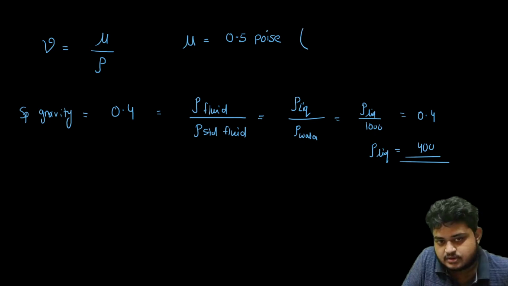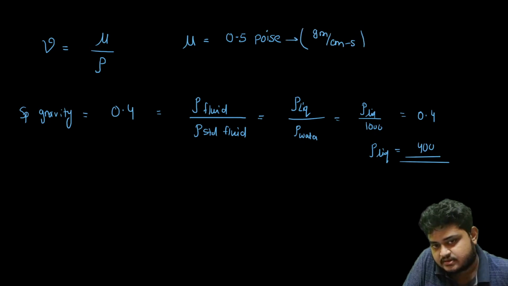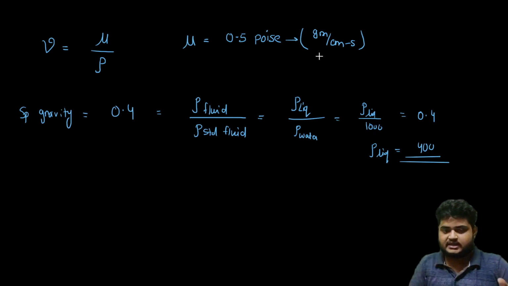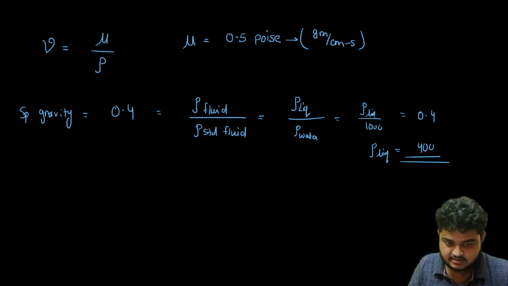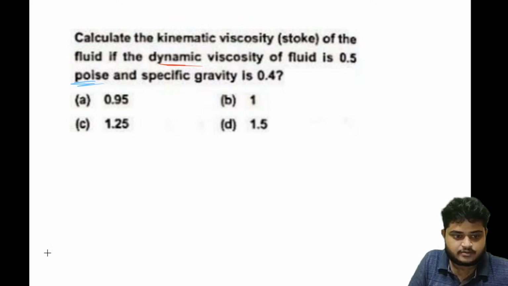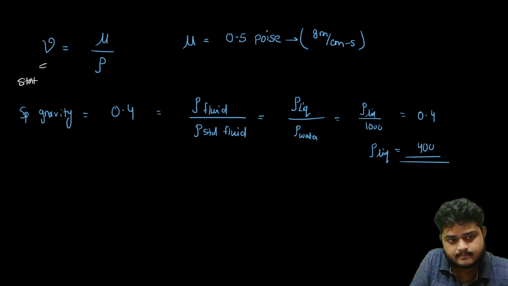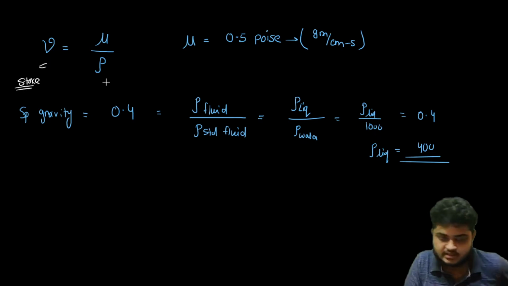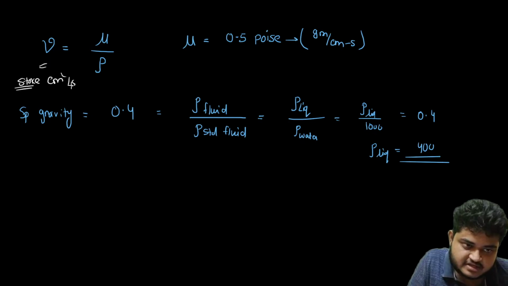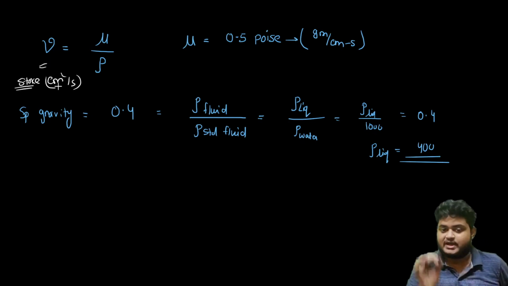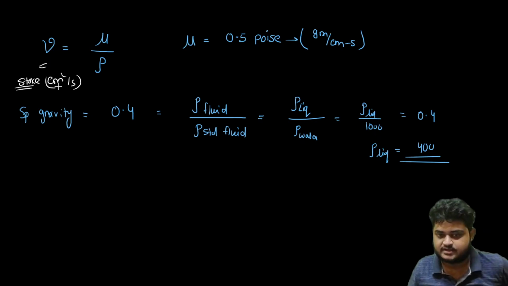So we can say the poise is gram per centimeter second. And for the kinematic viscosity, they want the answer in the unit of Stoke. So what is the unit they need? Obviously, centimeter square per second. So we have to convert the unit here.